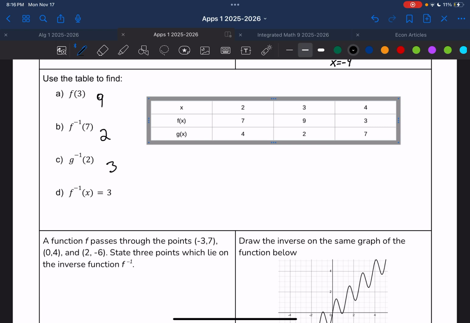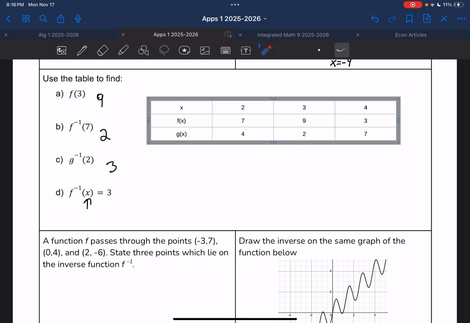And then for f negative 1 of x equals 3, here we're looking at what value, when inputted into the inverse function, will output 3.